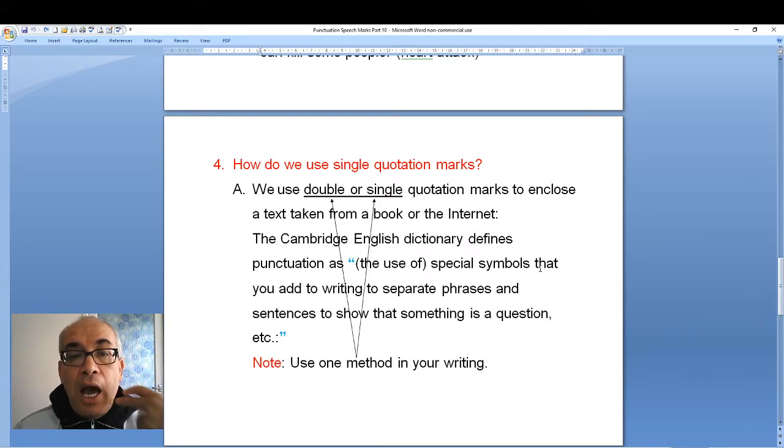Number 4, how do we use single quotation marks? So not double, single. We use double or single quotation marks to enclose a text taken from a book or the internet.